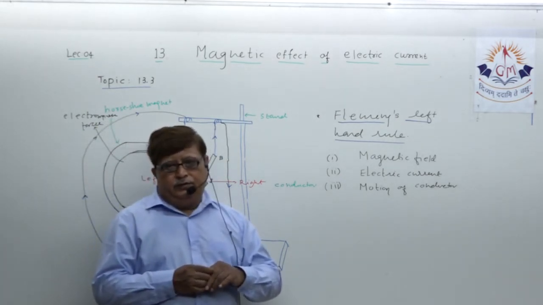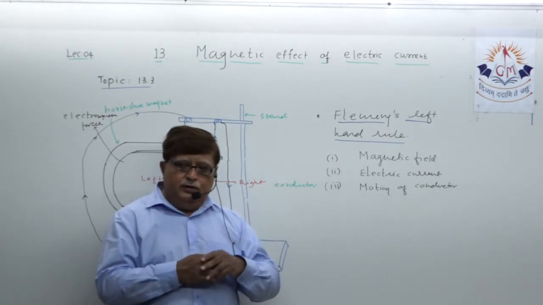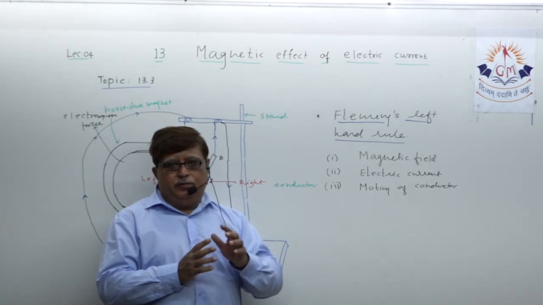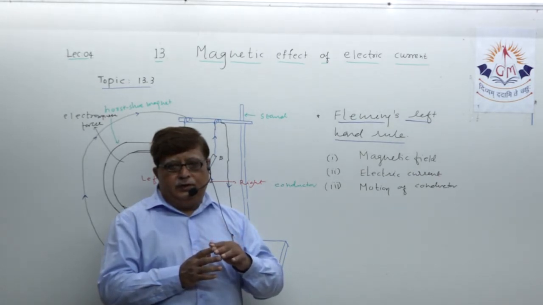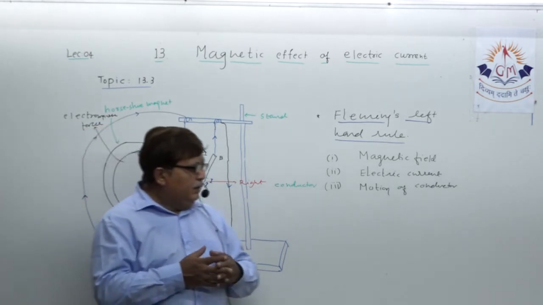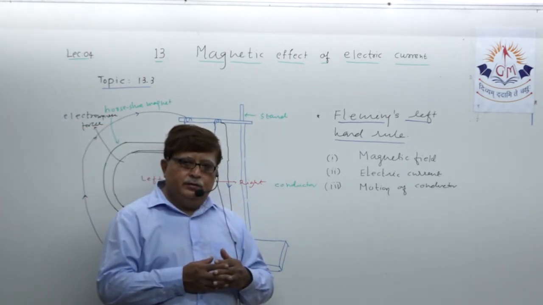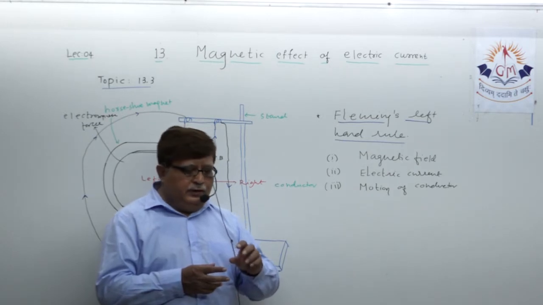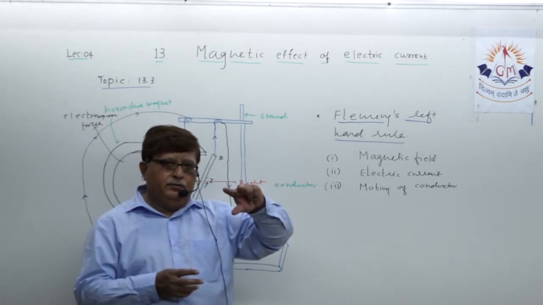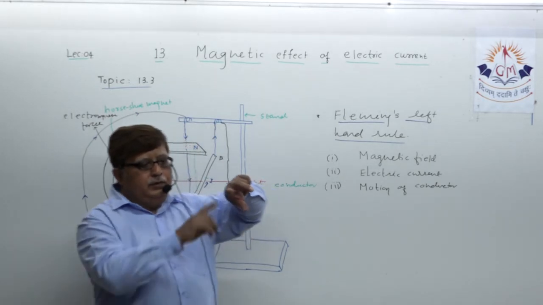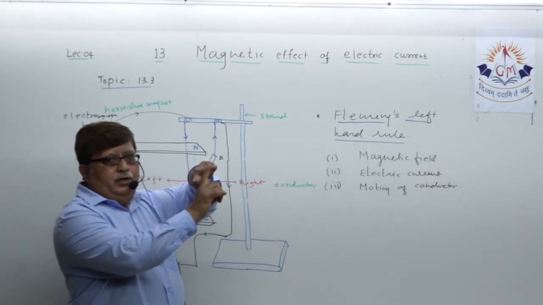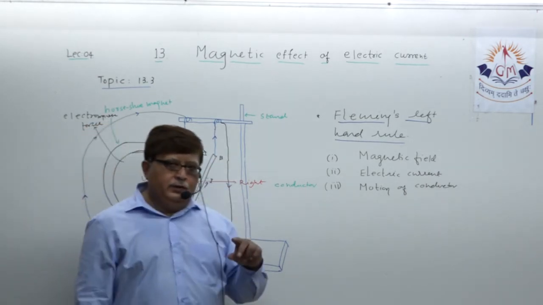Second statement. Why the word left hand in Fleming's left hand rule? To explain the relation between the direction of magnetic field, electric current, and motion of the conductor, suppose you take your left hand and keep the forefinger, middle finger, and thumb.